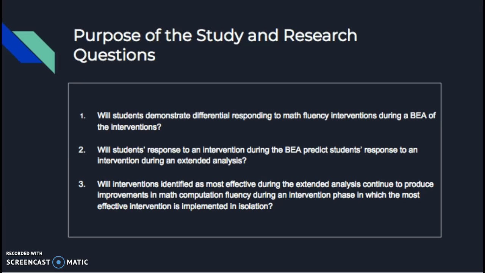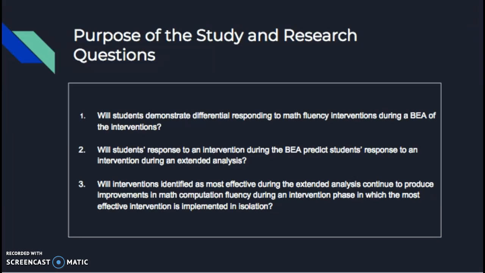There are quite a few supported articles and research-based programs that BEA has already done with oral reading fluency interventions, but there really haven't been any effective fluency for math interventions done using the brief experimental analysis method. So this was to add to that research.